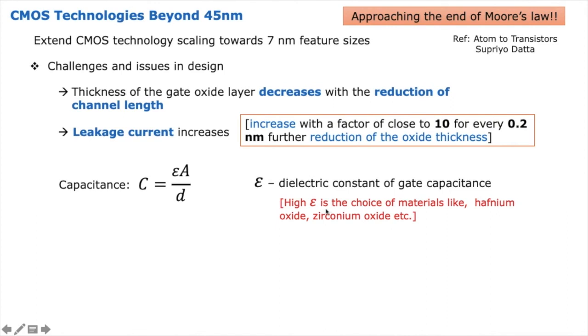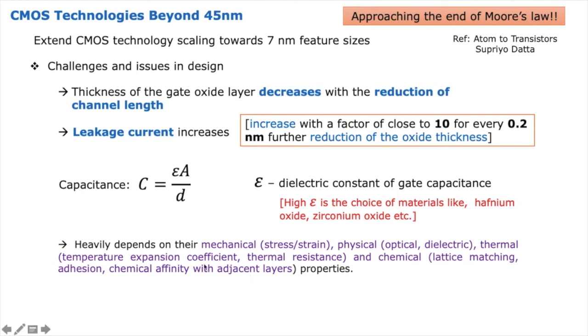So high epsilon is the choice of material, and there are high-K dielectric materials, which is another field of research, like hafnium oxide and zirconium oxide, which people prefer to use rather than a silicon dioxide layer.